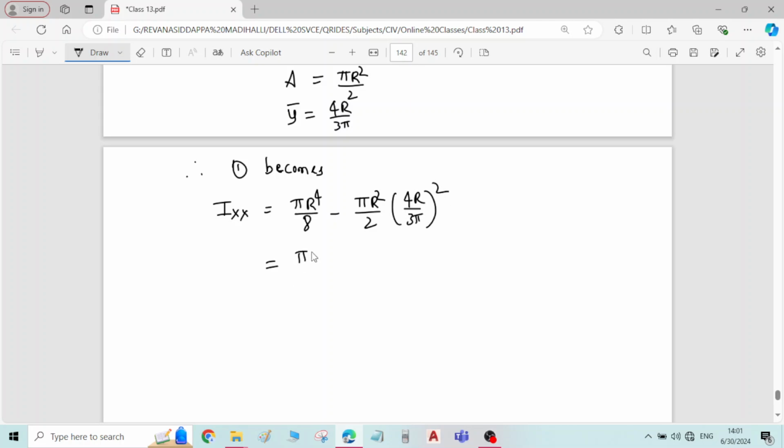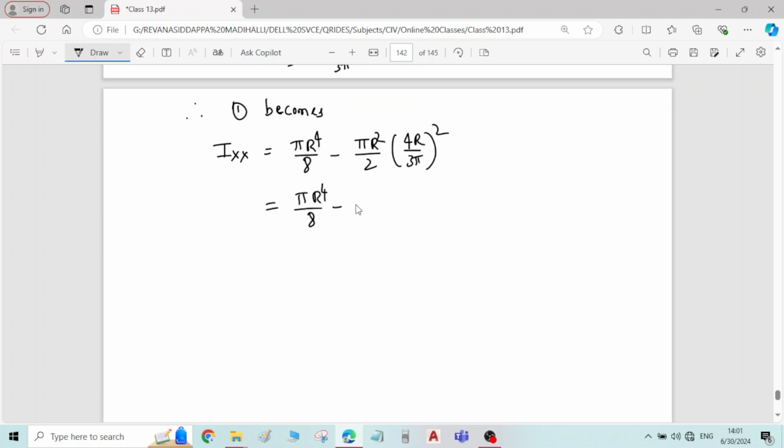Therefore pi r raised to 4 by 8 minus, so we have to simplify this equation, pi r square divided by 2. 4r whole square is there, it will be 16 r square divided by 9 pi square, correct? 16 r square by 9 pi square.